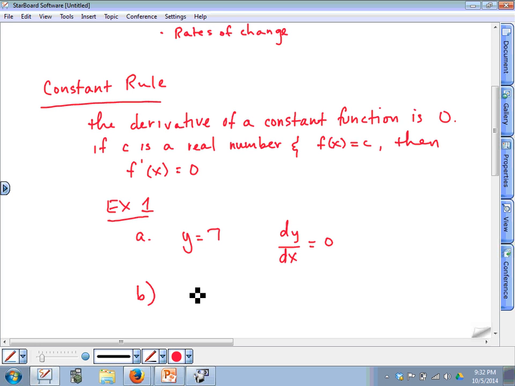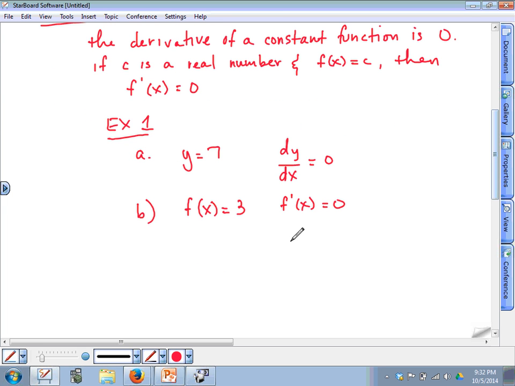Or if we had function notation, f of x is equal to 3, you would say f prime of x is equal to 0. Okay, so you just need to be familiar with the different notations here of derivatives. Pretty easy examples there. Let's move on to the power rule.